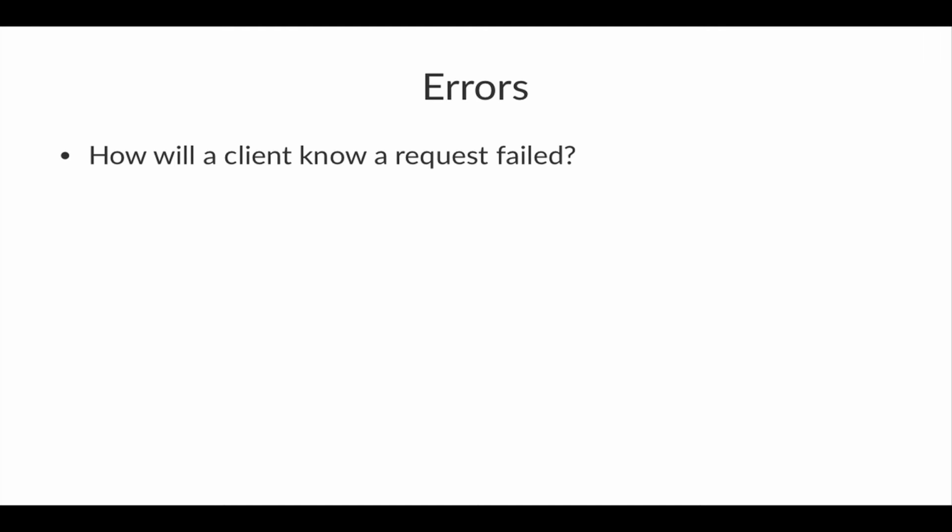So how will a client know if a request has failed? If we think about what we do with HTTP, we have two main ways to figure this out: status codes, our 200s, our 400s, our 500s and everything between, and error messages. We can return an actual error message to the user.